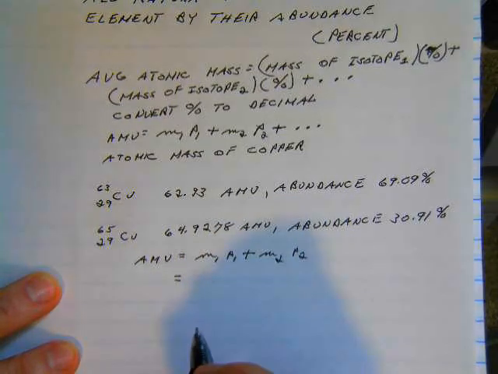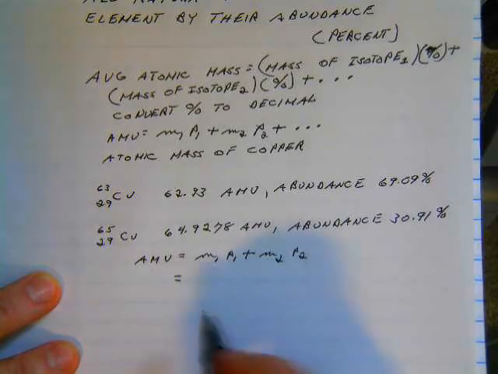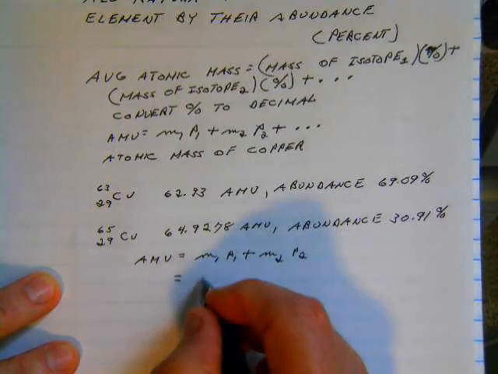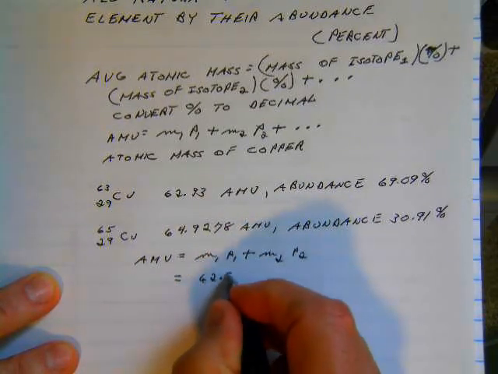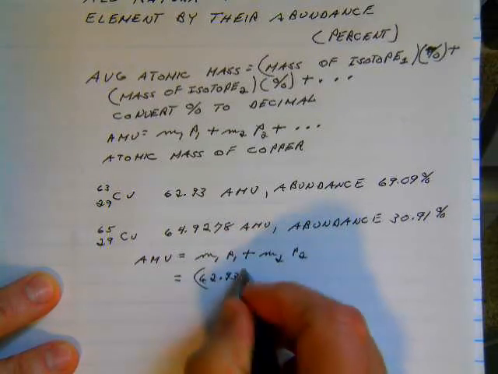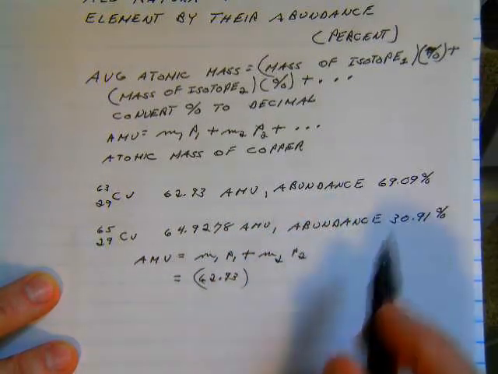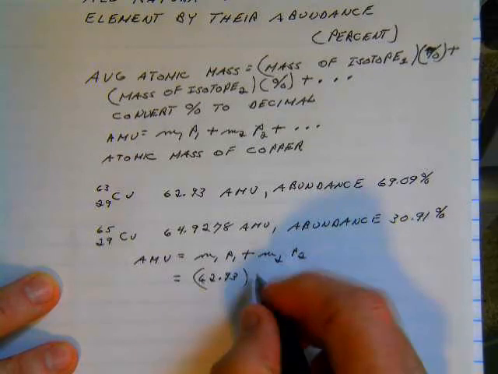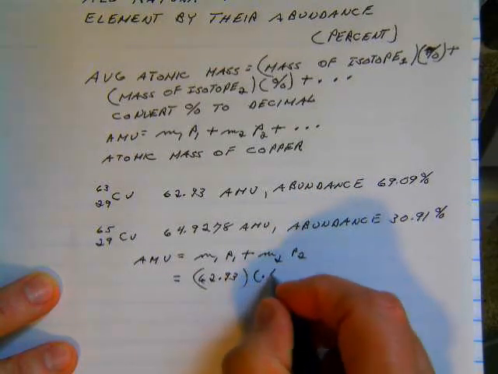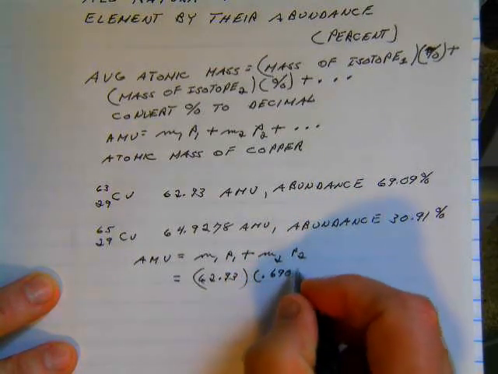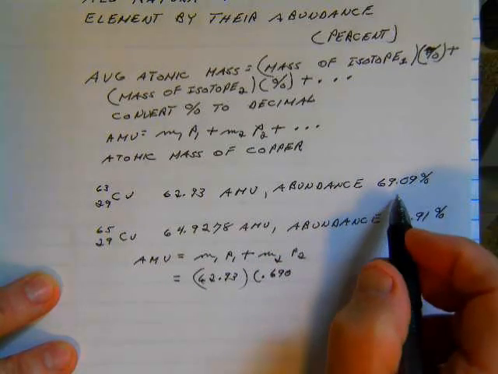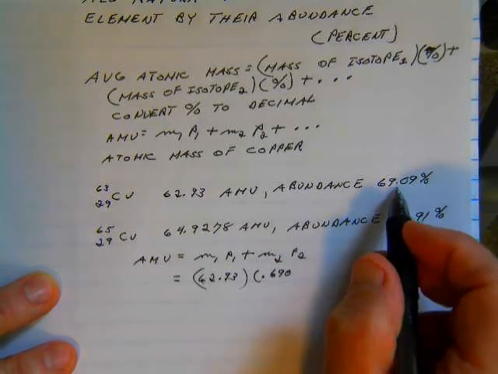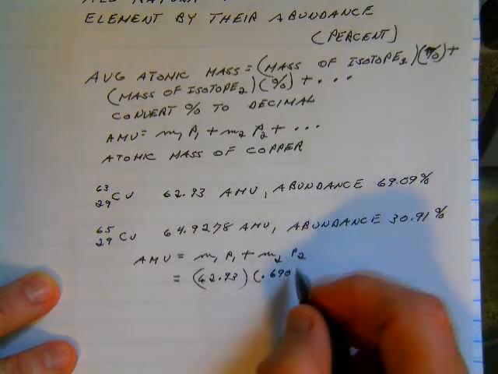It would be 62.93. Now we've got to change 69.09% to a decimal, so 0.6909. Essentially, you're moving the decimal over to the left.